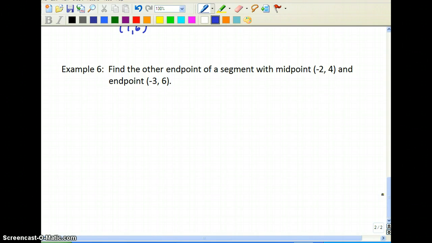And the last one, find the other endpoint of a segment if they give you the midpoint. So we've got the midpoint is -2, 4, and one of the ends is -3, 6, and what you don't know is this end, so we'll just call it xy. Well, our midpoint formula tells us that if you take the endpoints and add them and divide them by 2, you'll get this answer.